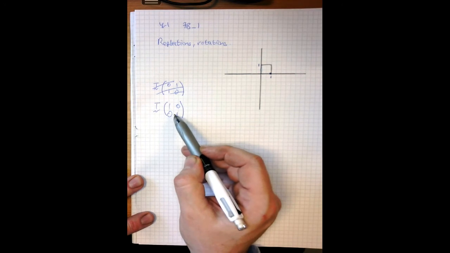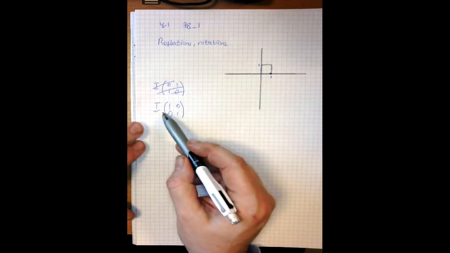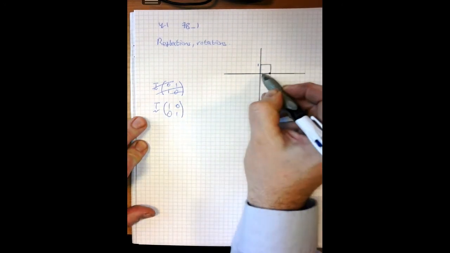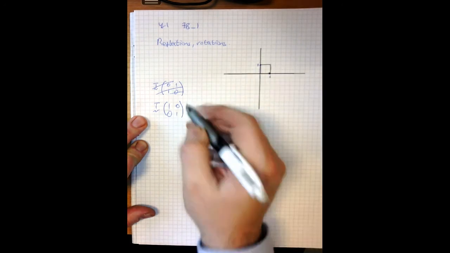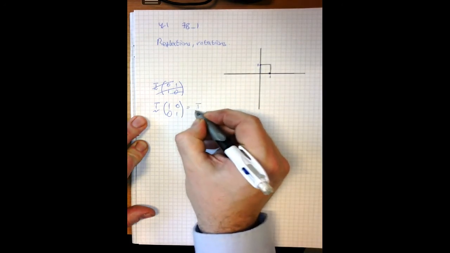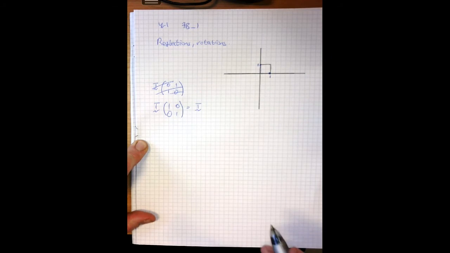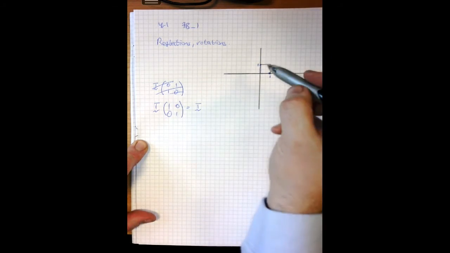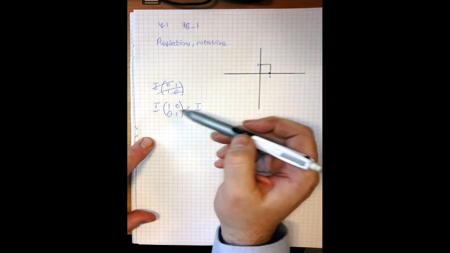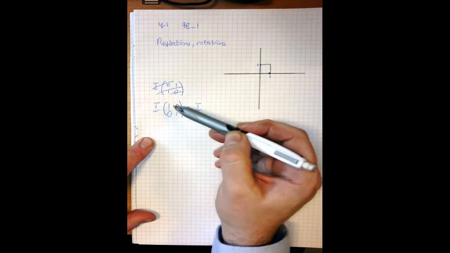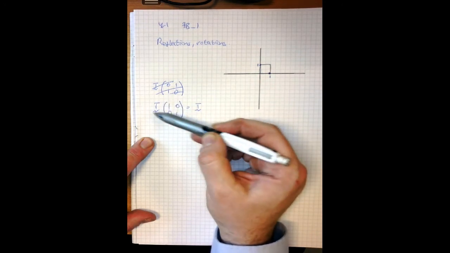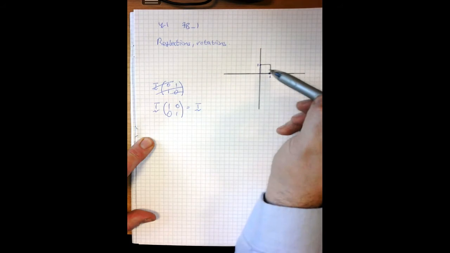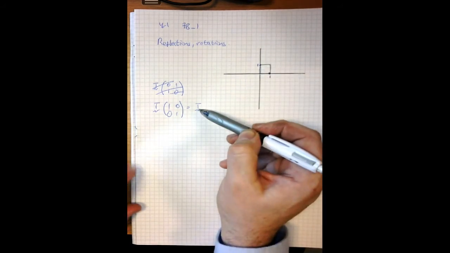And so if I apply a transformation to these 2 points at the same time, I just end up with the transformation matrix. So I can know what the transformation matrix will do to the square just by looking at the matrix, or if I've done a reflection or a rotation, I can say what the transformation matrix was.